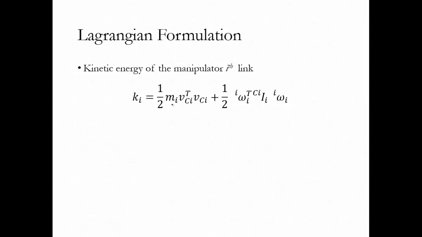This is how we represent the kinetic energy of an ith link or body, which has some linear velocity of the center of mass, vci, where mi is the mass of the link, omega i represents the angular velocity of the link about its mass center, and Ici refers to the moment of inertia of the ith link about its mass center.